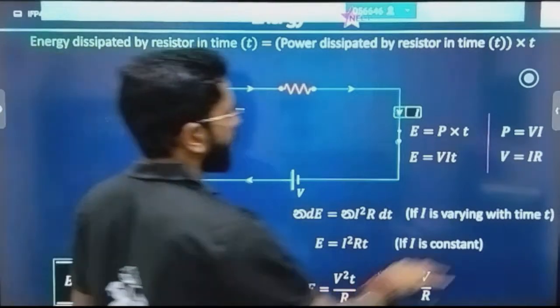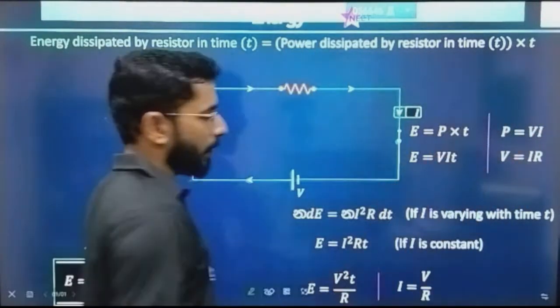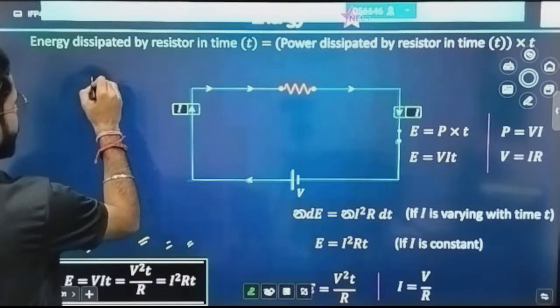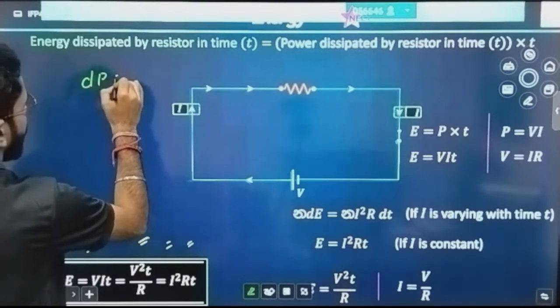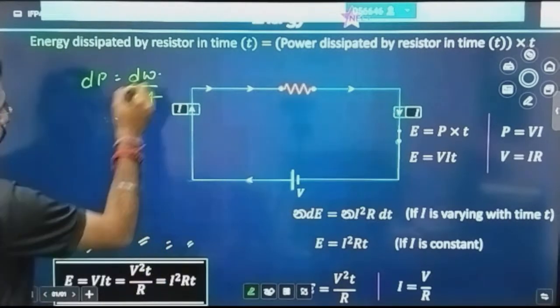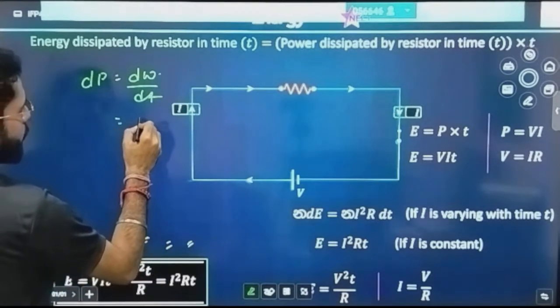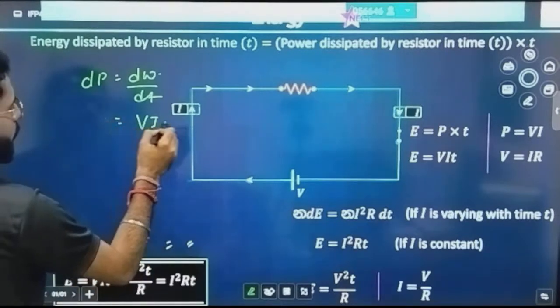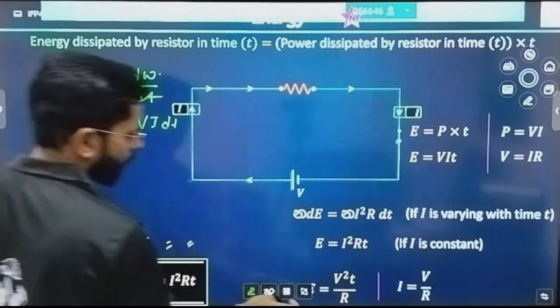Now if someone asks how much heat is dissipated in time t, how will you write it? Power is defined as the rate of doing work. Correct. So you write dW as V into I, the power, integrated with dt.